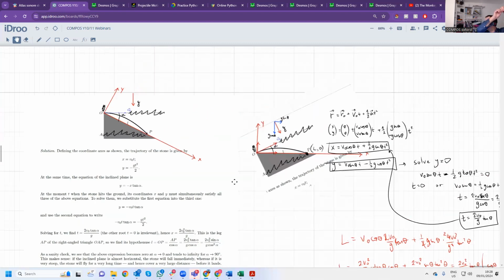So I've had the x-axis along the slope, y-axis perpendicular to the slope, and I did a different equation. So yeah, hopefully you got some interesting stuff out of today. Don't worry if you've missed the last bit.